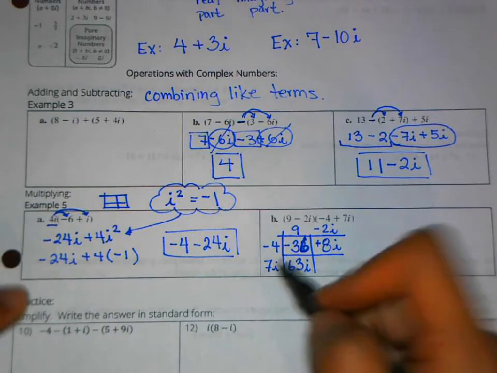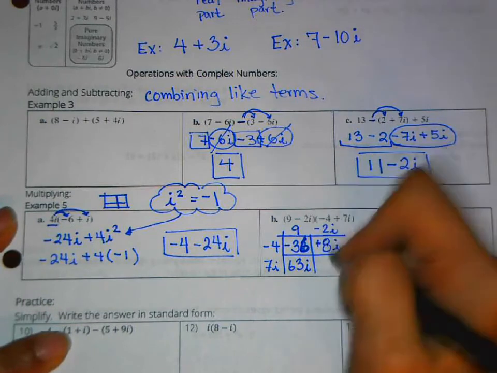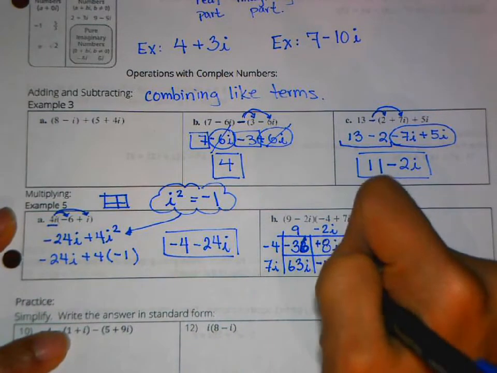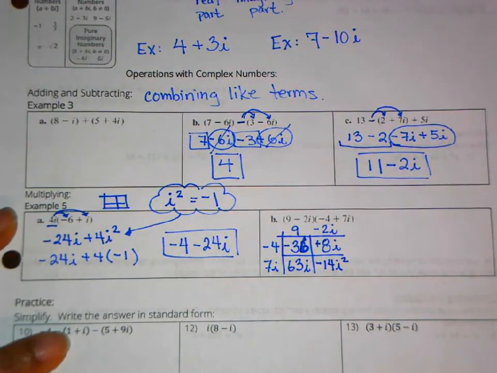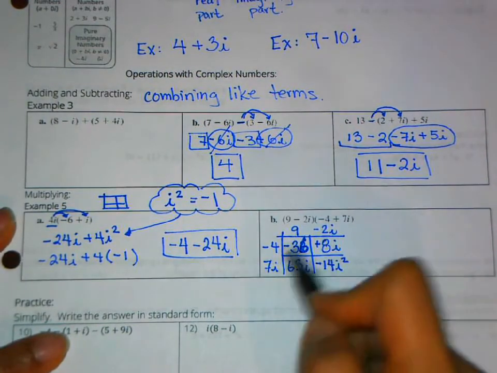And then 7i times negative 2i, negative 14i squared.